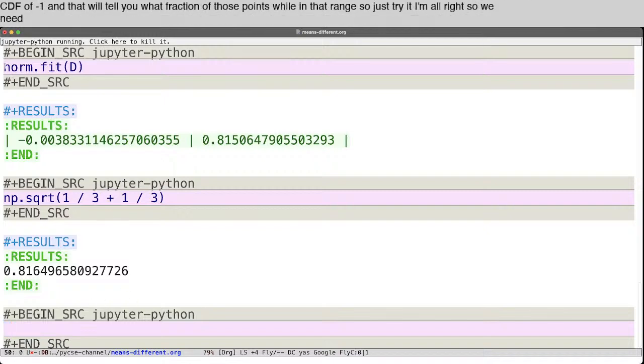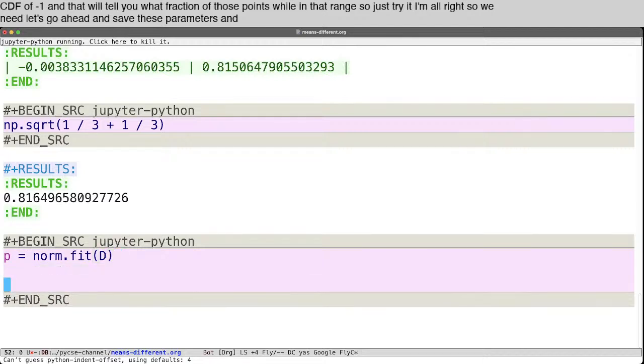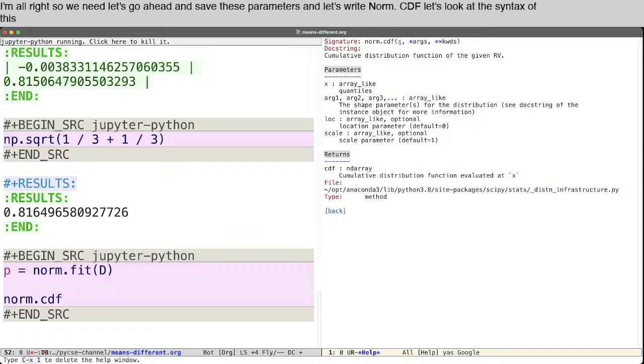All right, so let's go ahead and save these parameters. And let's write norm.cdf. Let's look at the syntax of this. We need x and then the location and the scale.